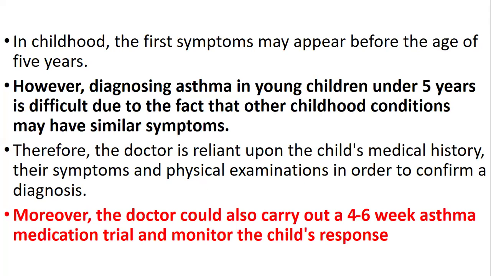In childhood, the first symptoms may appear before the age of 5 years. However, diagnosing asthma in young children under 5 years is difficult because other childhood conditions may have similar symptoms. So after all symptoms point to the diagnosis of asthma, the clinician will narrow it down to see exactly what this symptom responds to.